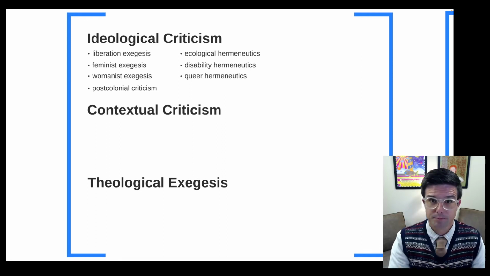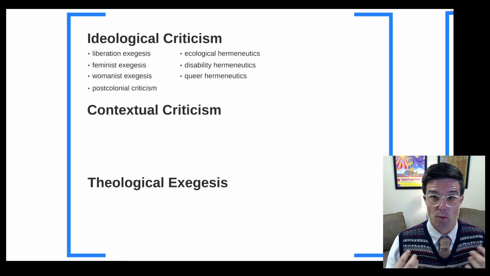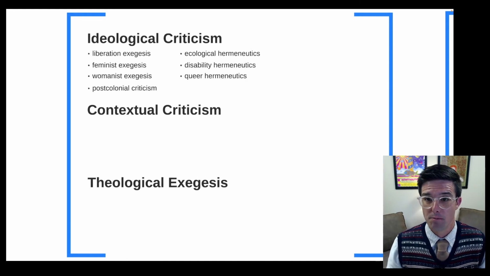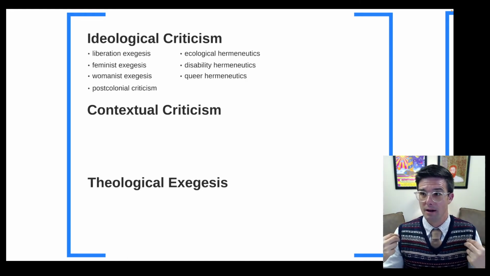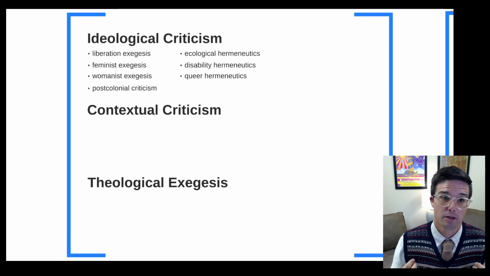In some cases these are very much about one's identity and one's embodiedness, but one can do any of these kinds of approaches without having a particular identity or having a particular embodiment.